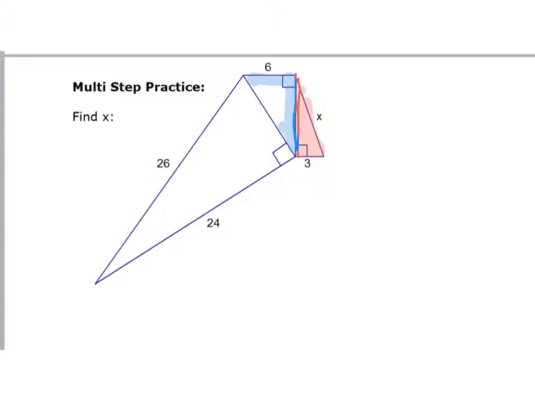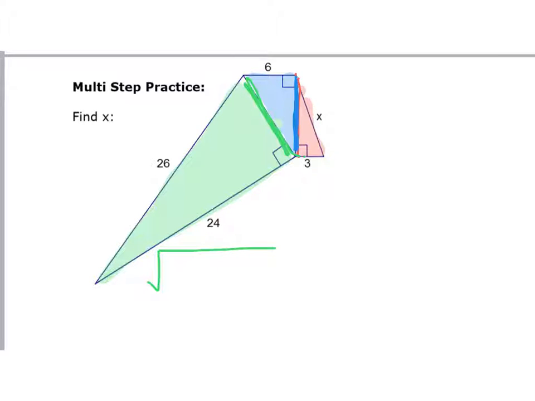This blue one. If I want to find this piece here, can I find it? Why not? Oh, because I don't know how long this one is. All right, well then look at this triangle. Can I find the green piece on this triangle? Yes.